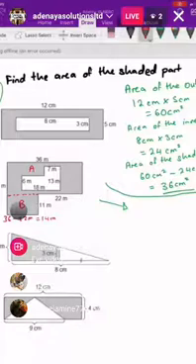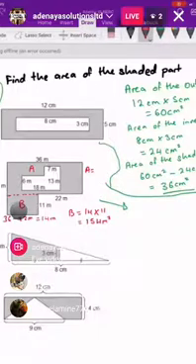So the area of shape B will be 14 meters times 11 meters, which gives us 14 times 11 is 154 meters squared. And then for shape A, we need to separate this.